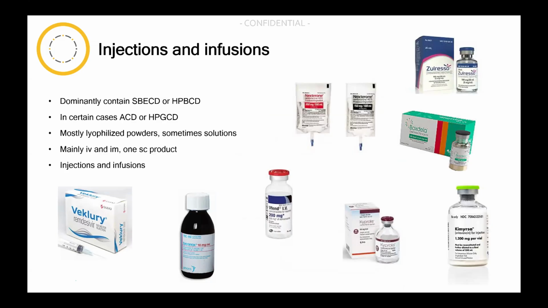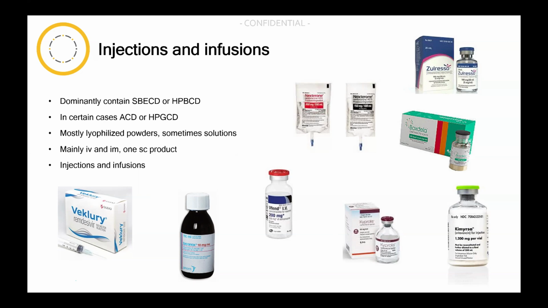So yes, injections and infusions are on the market. Mostly sulfobutyl and HP-beta are used, in certain cases alpha cyclodextrin or HP-gamma cyclodextrins. And the final product is a solution or a lyophilized powder, which can be reconstituted easily for administration.